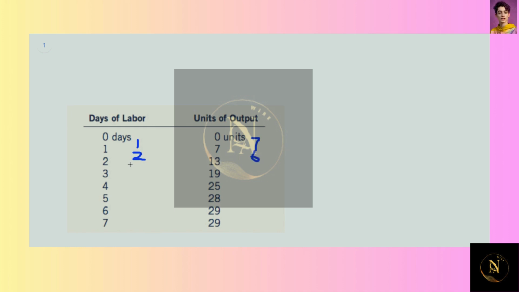Okay, so the third labor produced 19 minus 13, which is also 6. And then the fourth labor produced 25 minus 19, which is also 6.